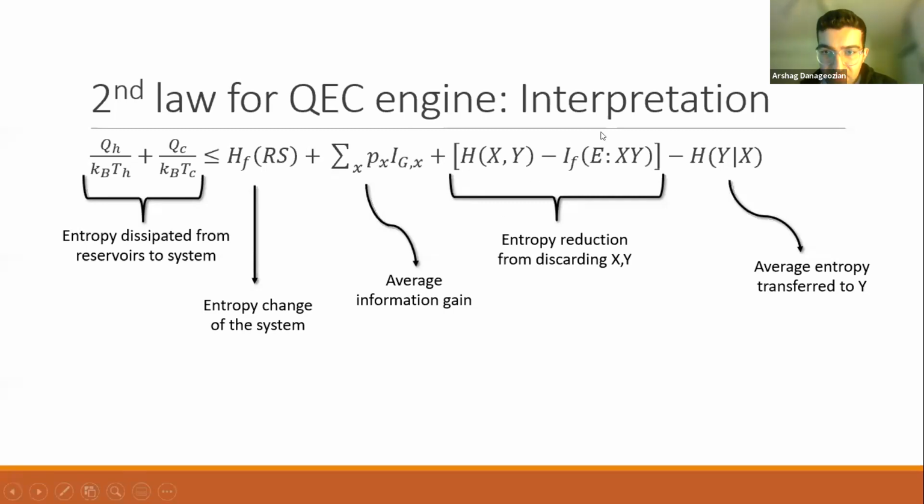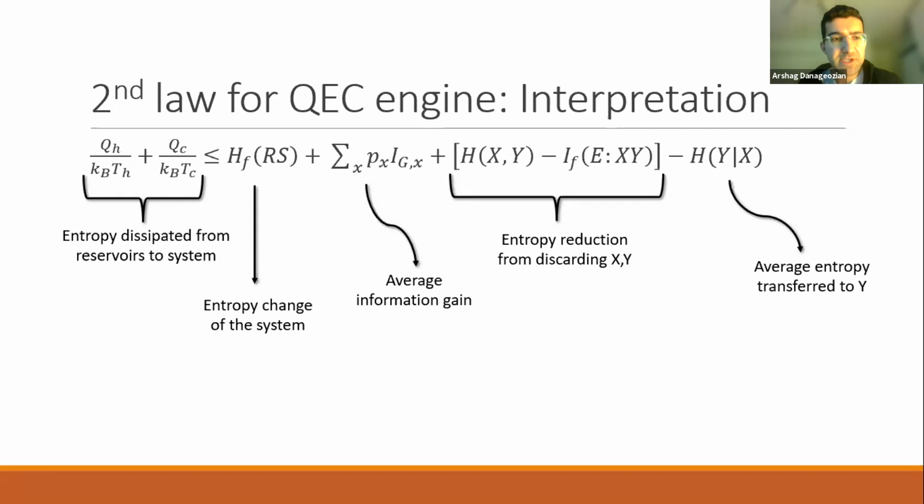And X and Y are, of course, your classical registers. So this is the mutual information. All right, so that's the third term. And the fourth term is the average entropy transfer to your classical register Y. So this is how the second law looks like for our engine.